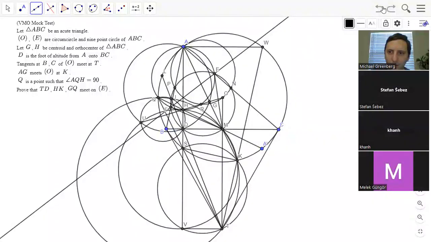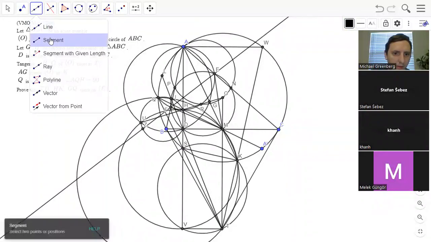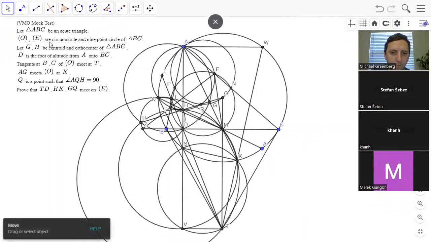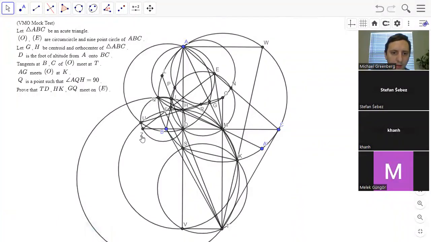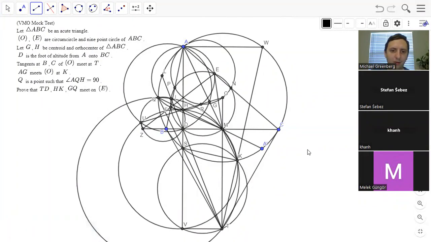Oh, it looks like it lies on that circle. It does, and that is easy to prove. So we would basically have that U is the foot of the perpendicular from Z to the Euler line. Interesting. That is easy. All of that is, let's say, trivial.